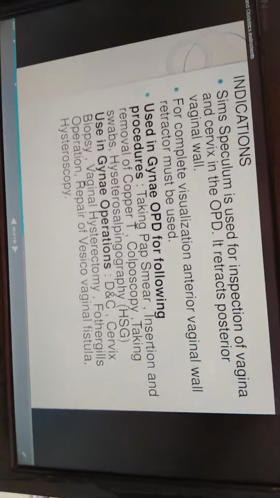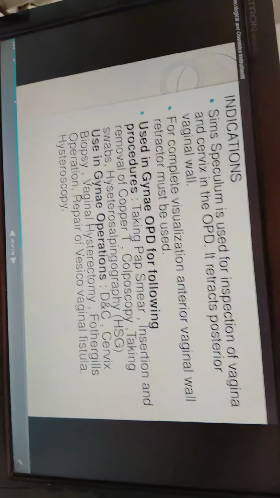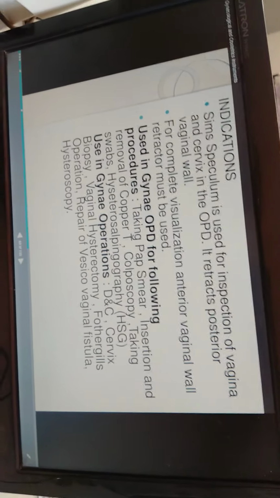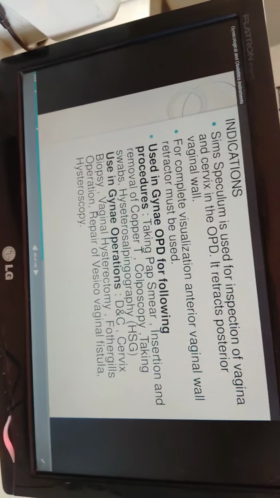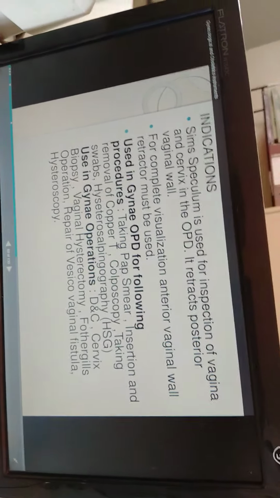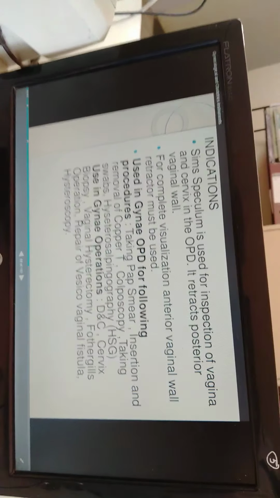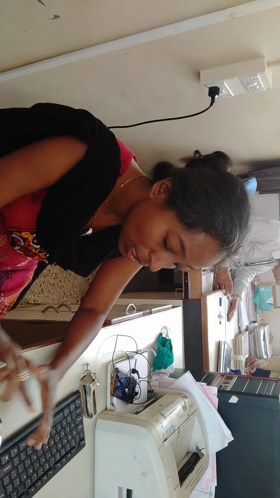At the OPD level, we use it for the pap smear, the cytological examination, where we take a sample from the cervix and do the microscopical examination. Then for the insertion and removal of copper T, the intrauterine contraceptive device, we can use this Sims speculum. Also in colposcopy.